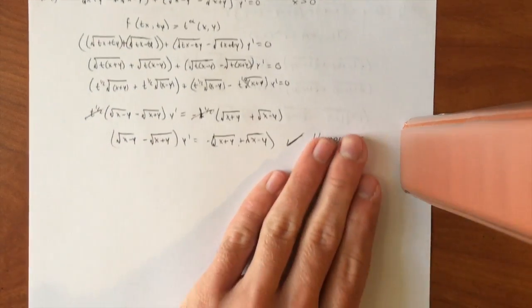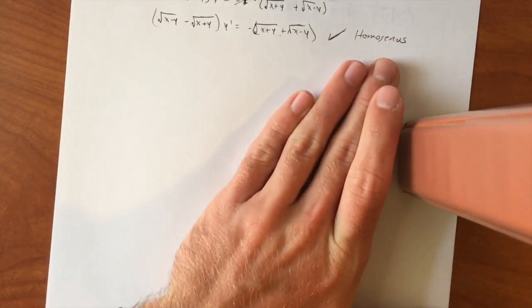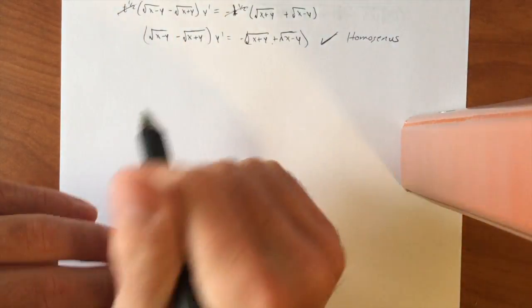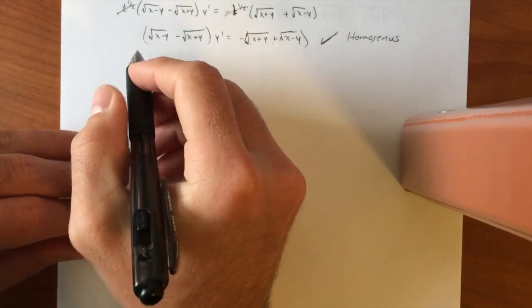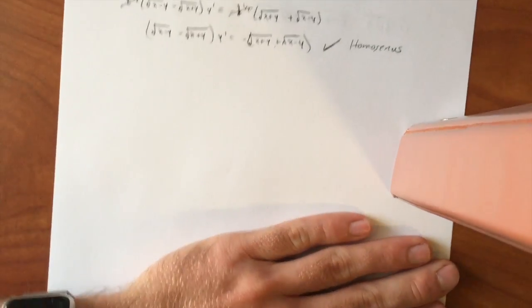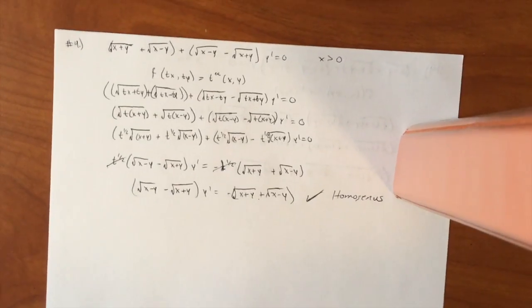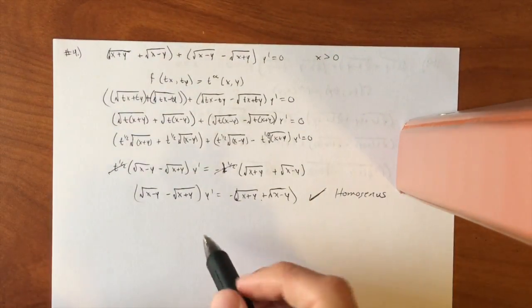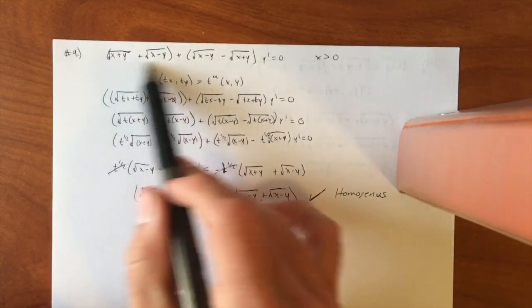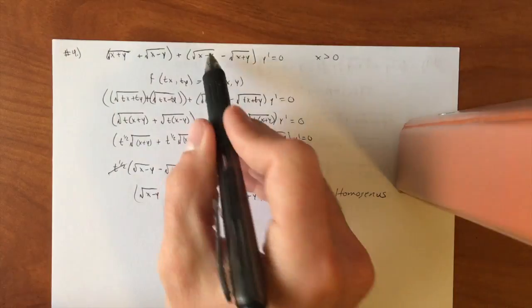So I'll move my paper up a little bit. The first step for solving homogeneous differential equations is to get y prime by itself. Why don't we go back up real quick. Looking at our equation again, we can get y prime by itself by subtracting this term from both sides of the equation and then dividing by this term.